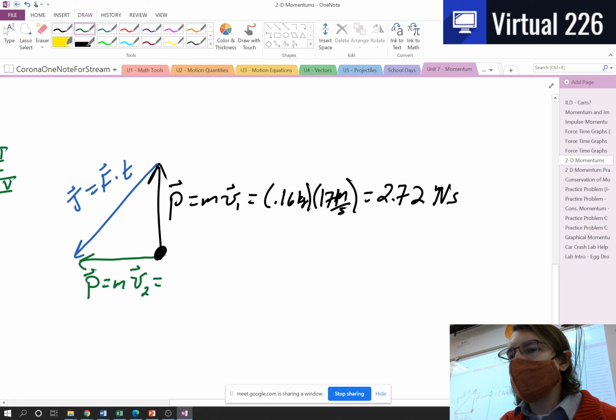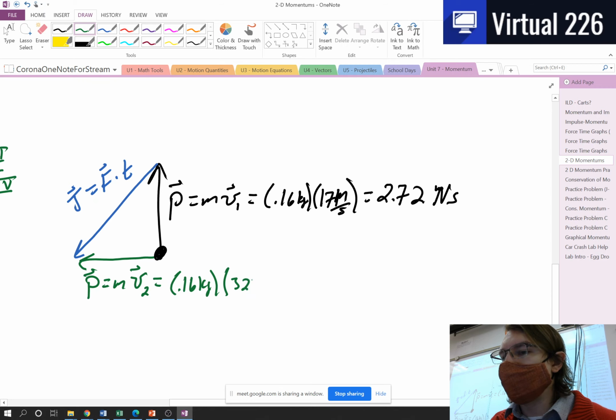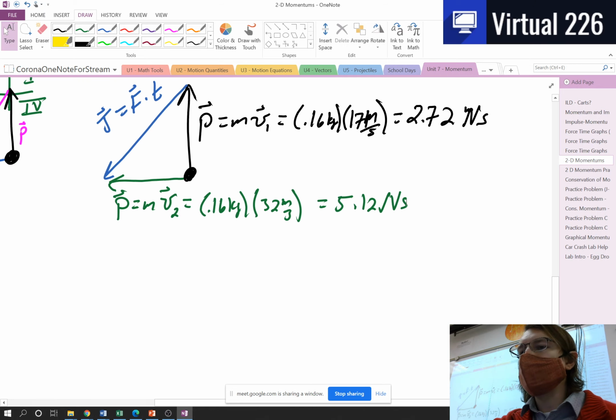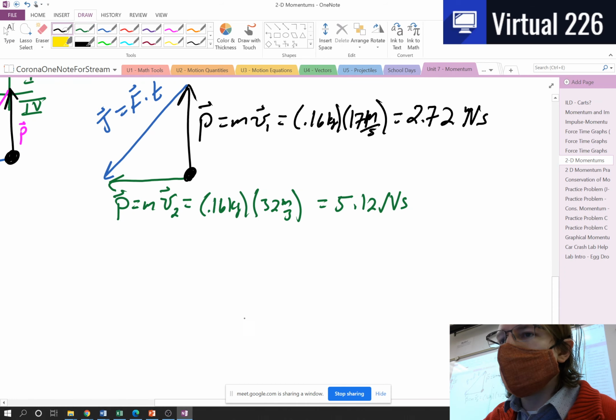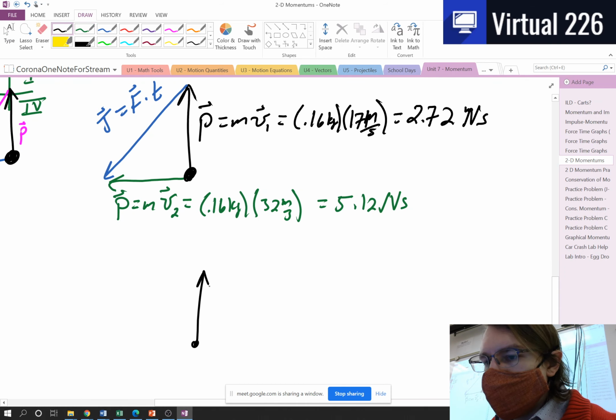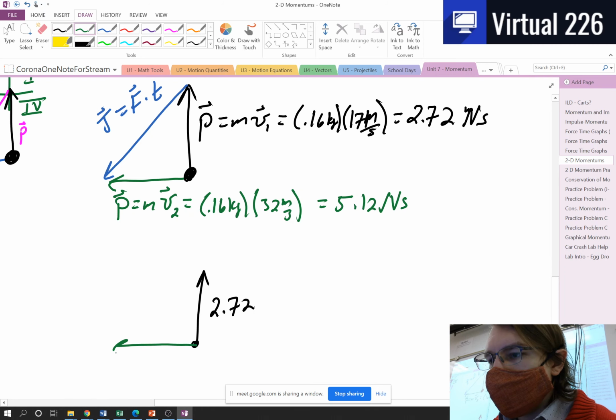For momentum at the end, when it's directly shot on goal, same mass, 0.16 kilograms, times a new final velocity, 32 meters per second. 0.16 times 32 gives us 5.12 Newton seconds. So if we redraw this triangle, this is 2.72. This is 5.12.